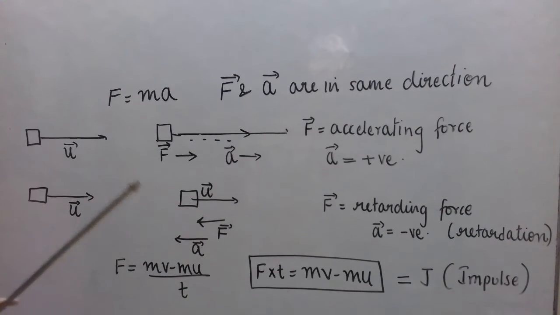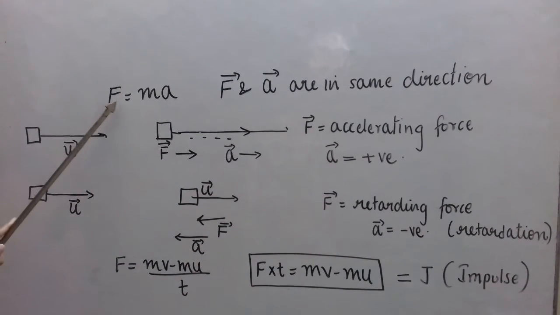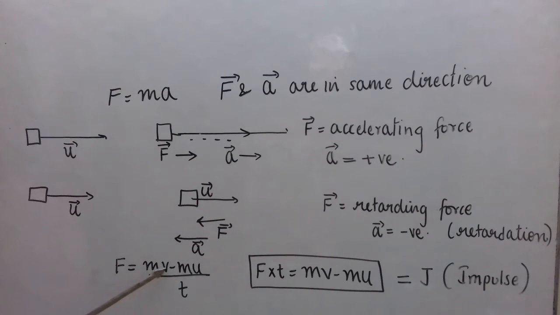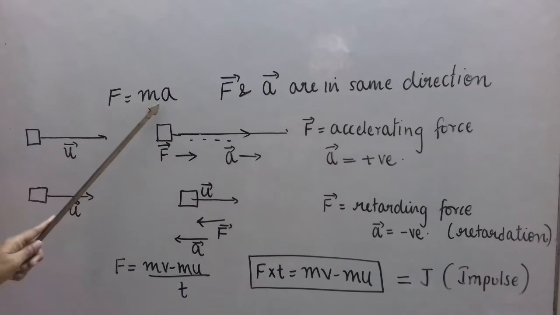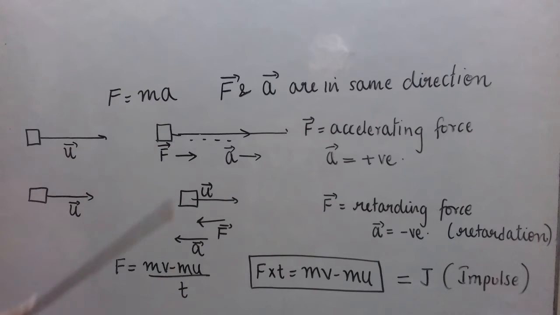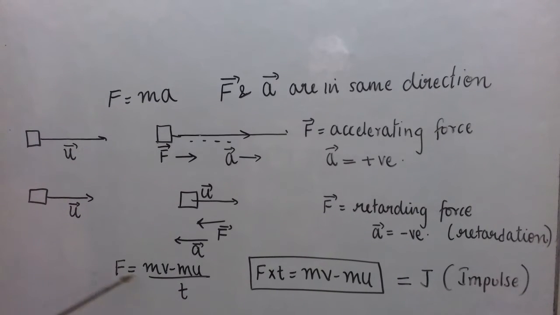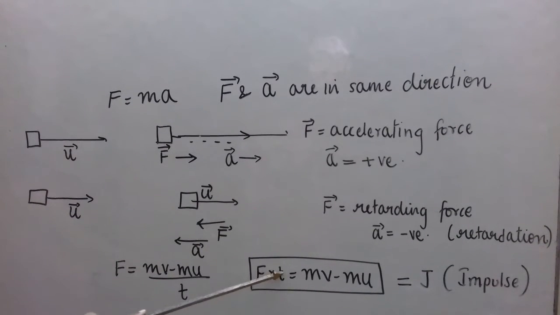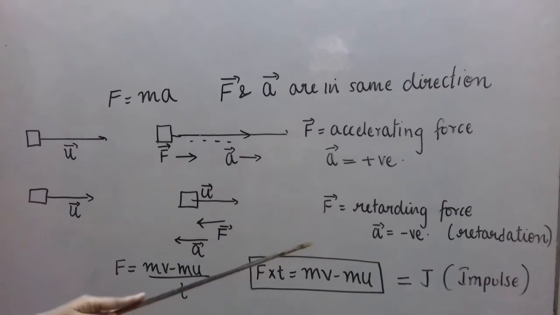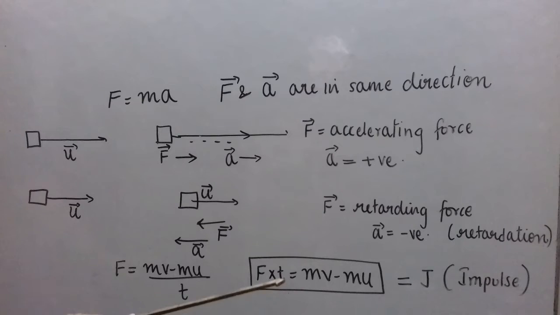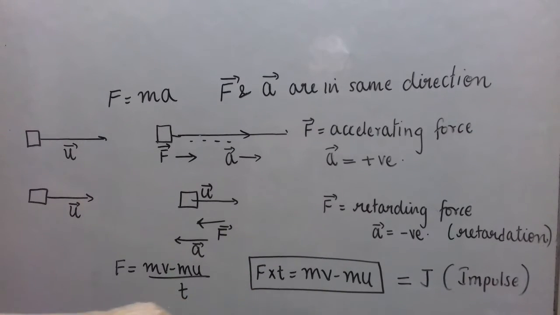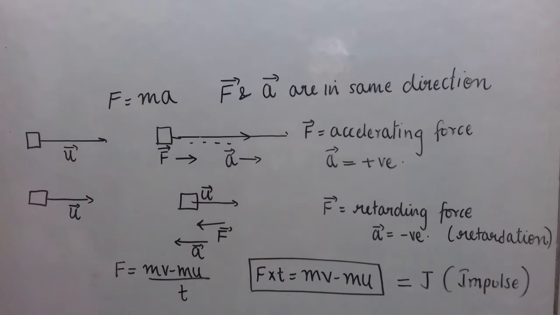Now one thing more. We know that from Newton's second law of motion, F is mv minus mu upon t, when we put the value of a. From here, we can take t this side and I get F into t is mv minus mu. Now remember, application of this expression is there in your syllabus. This we'll discuss just now.